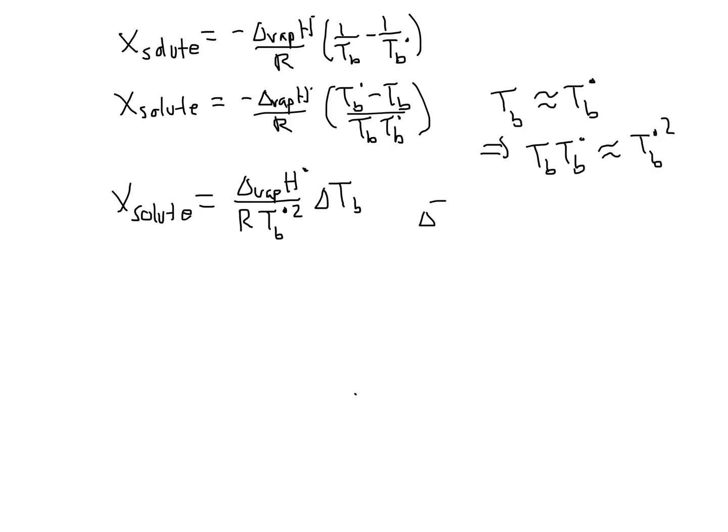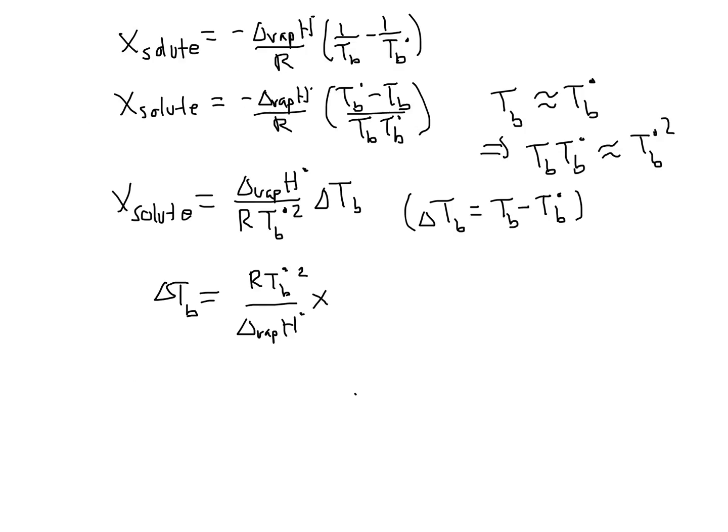Remember that delta T boiling is equal to the boiling point of the solution minus the boiling point of the pure solvent. And now the last step is to rearrange this equation so that we have an equation for the difference in boiling point between the solution and the pure solvent, and that gives us R times the boiling point of the pure solvent squared divided by the delta H of vaporization of the pure solvent times the mole fraction of the solute.